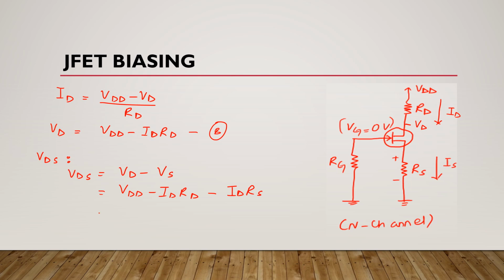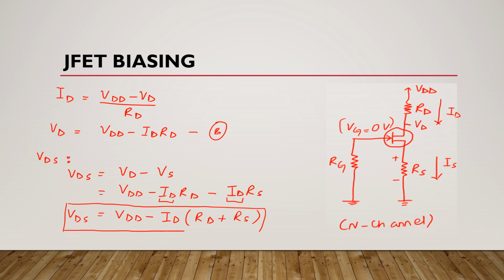It means this drain to source voltage is equal to VDD minus Id times Rd plus Rs, because this Id is common in these two terms, so we took it out as common. Okay, so this is the equation for drain to source voltage for n channel JFET.